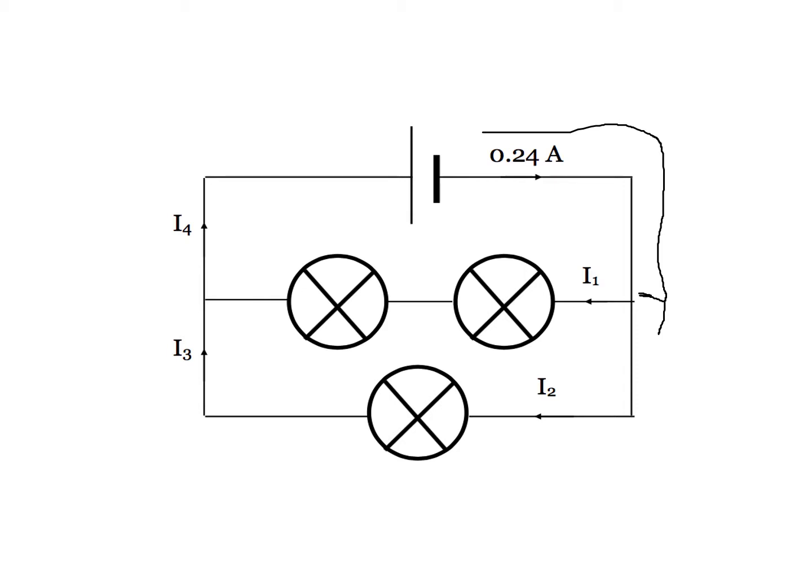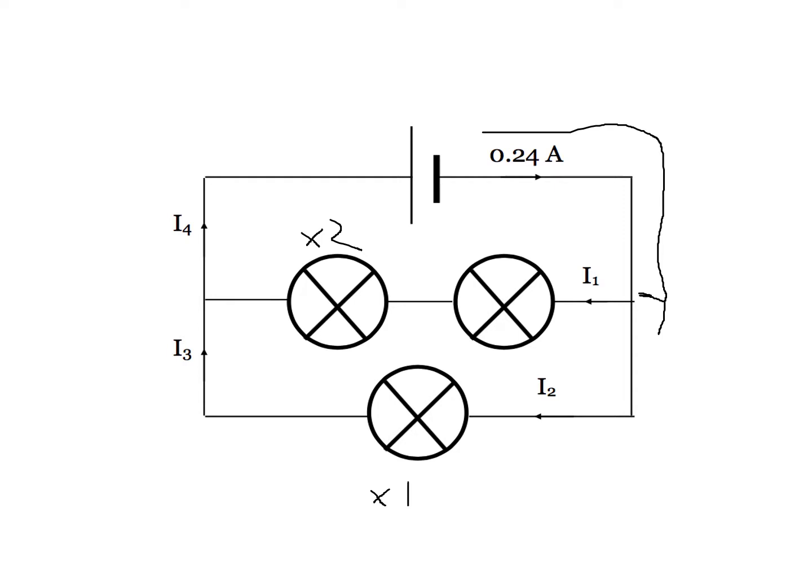I'll give you 5 seconds to think about that, starting from now. Okay, so what that means is that the resistance here at the top must be double. So this must be times 2 of the resistance at the bottom.